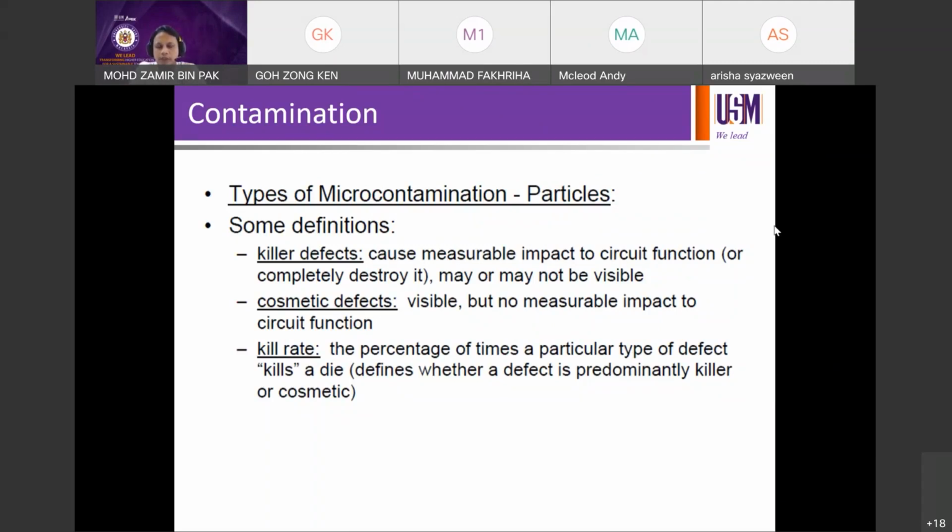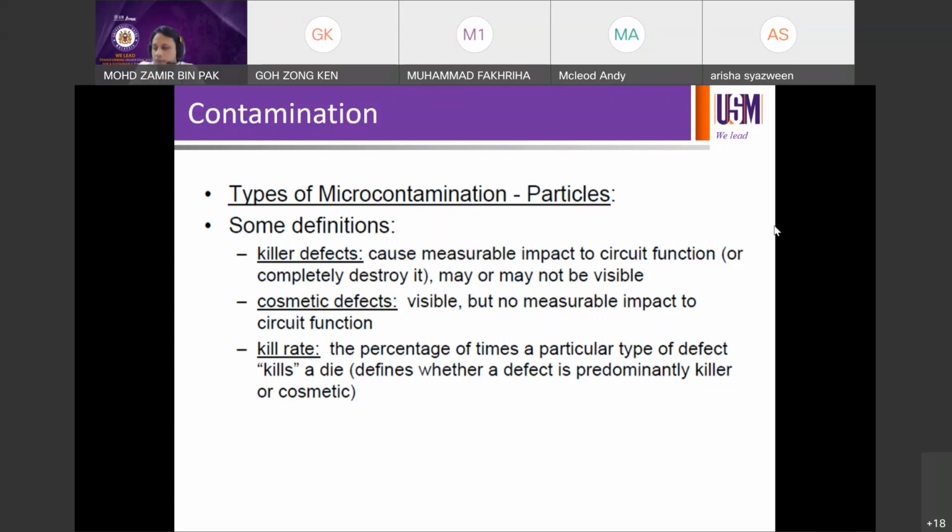They may be visible and they may be invisible as well. Visible here means the big ones, seen by naked eyes. Invisible ones are the ones that need to be probed or investigated under an optical microscope or in fact SEM, right? So some defects are killer.